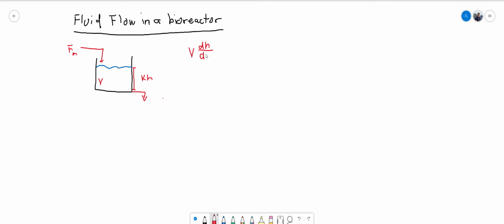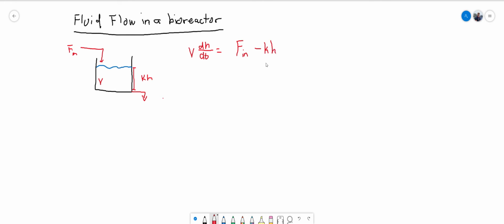is going to equal, just a mass balance here, F in, our fluid coming into our system, minus what's going out, so the rate at which this is leaving, K times h, right?